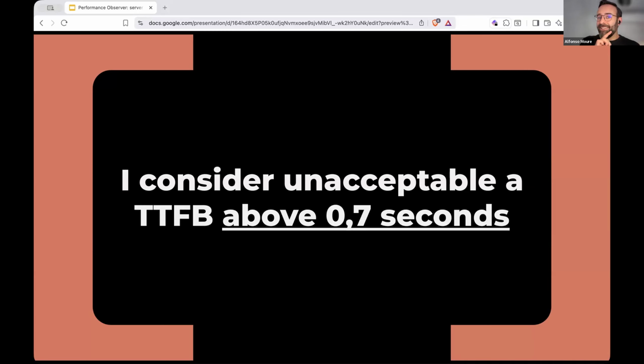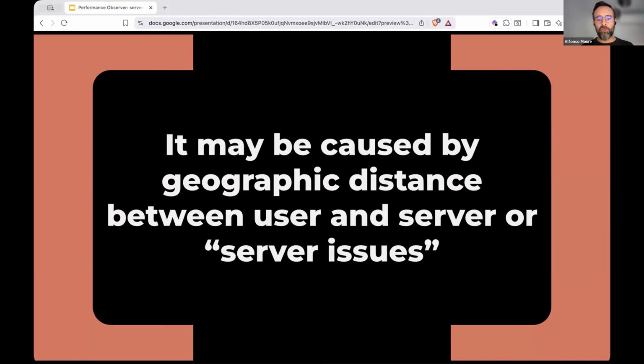Google says 800 is good, but I prefer to be a little tighter because you don't know what could happen. So I prefer to have some space to work with. And in that case, I treat this as a problem when TTFB is above 700 milliseconds.